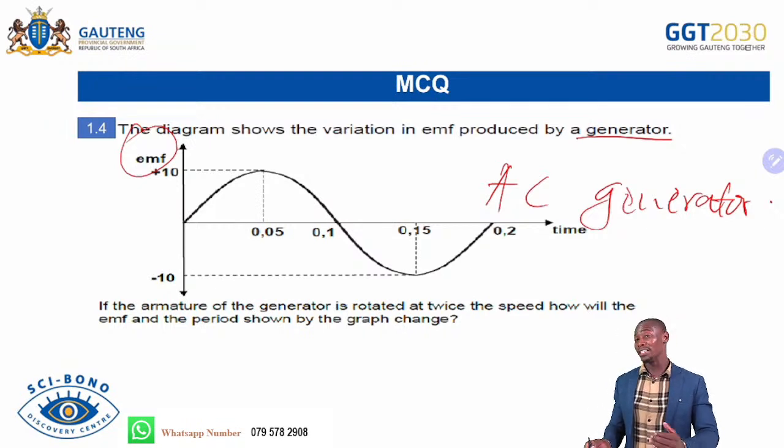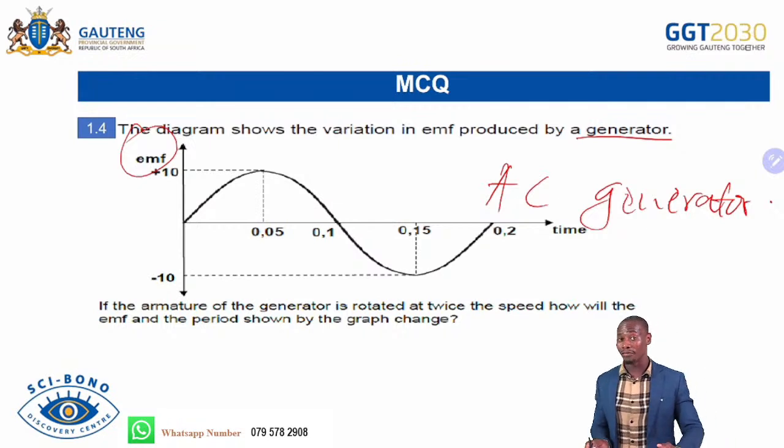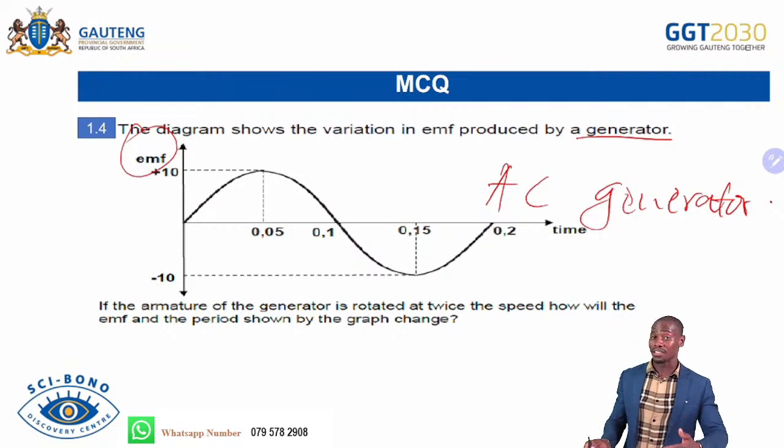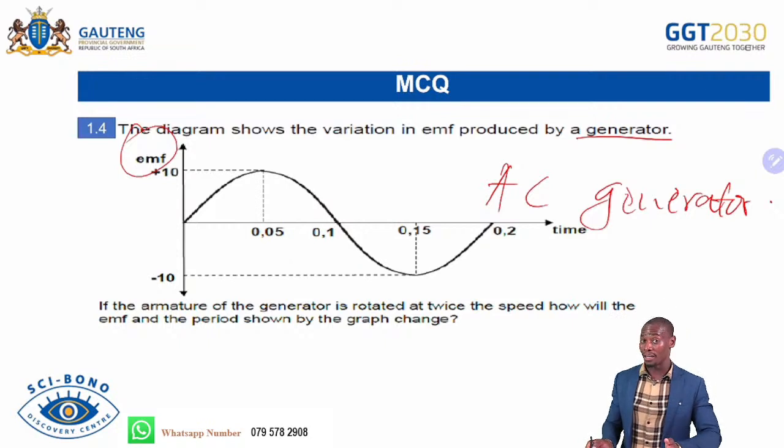Right? So here, remember we talked about things that we can do to increase the amount of EMF induced in a coil. And one of the things that we can do to increase the amount of EMF induced in a coil was to increase what? The speed of rotation of the coil, right?